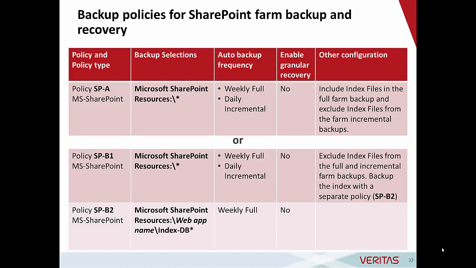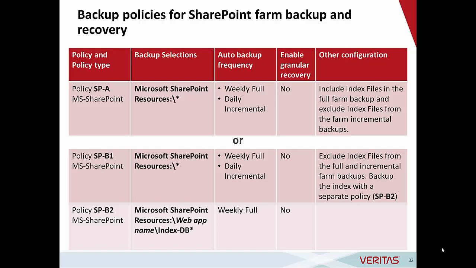Now, an alternative to doing this, if I was willing to have two policies instead of one, was that I could protect the indexes using a whole separate policy. And that's that second option they're doing there with the B policies. So policy B1 backs up all SharePoint resources.